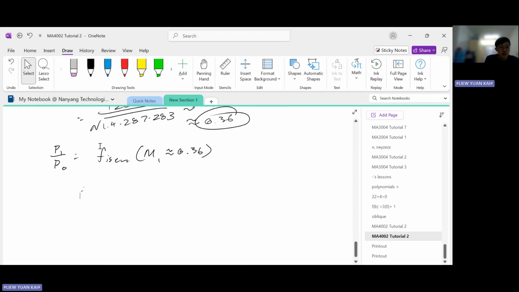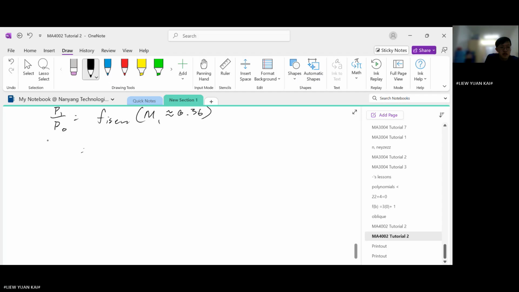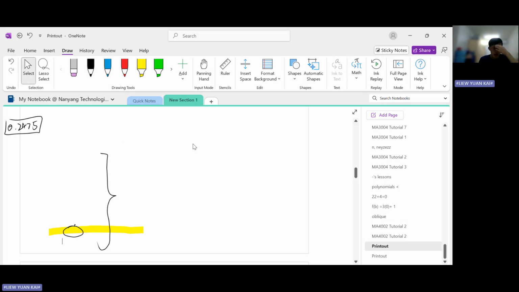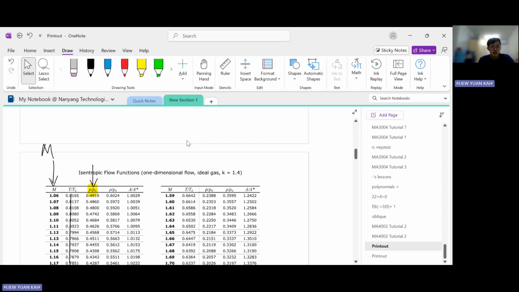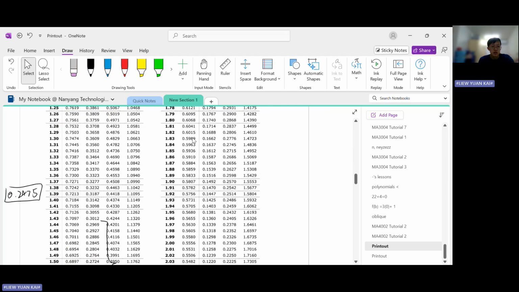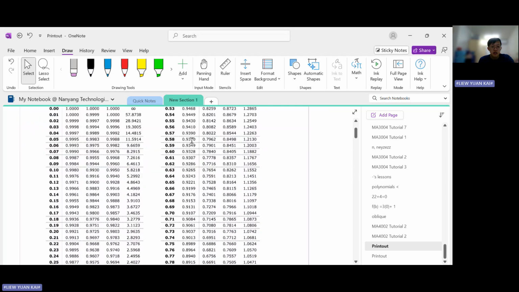Pressure at point 1 is 150 kPa. And then what is this? We obtain this from the table. So you go to the table and look for the row where the Mach number is equal to 0.36. Where is Mach number equal to 0.36?